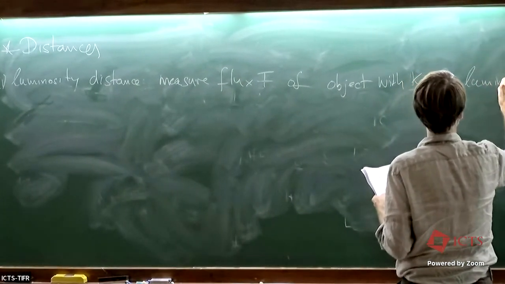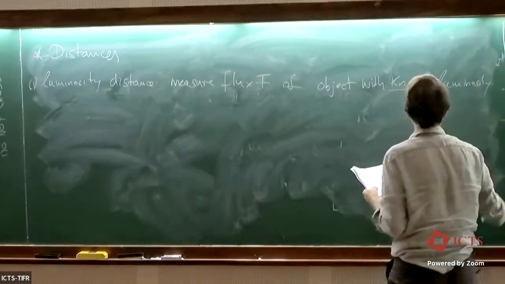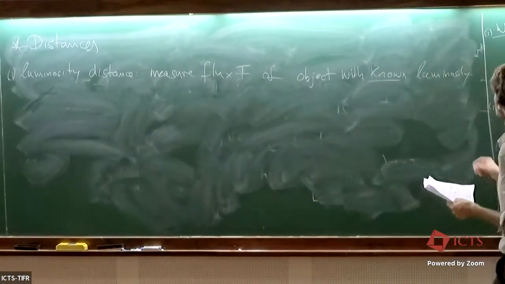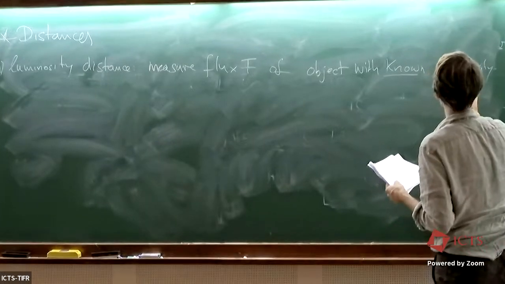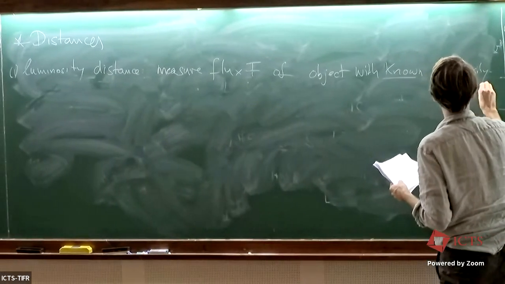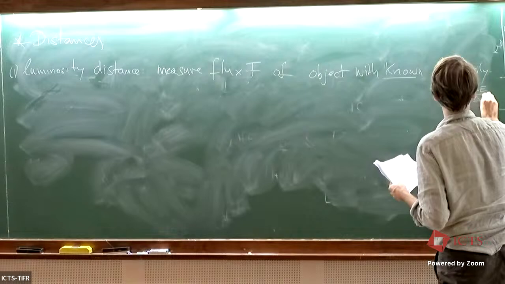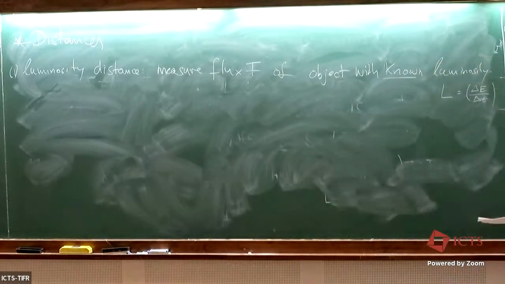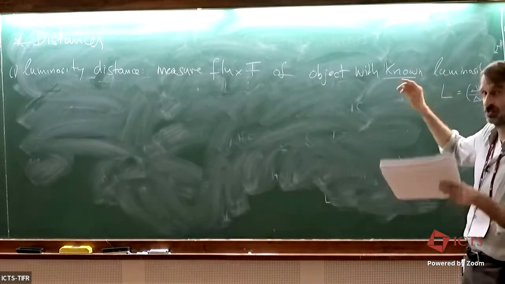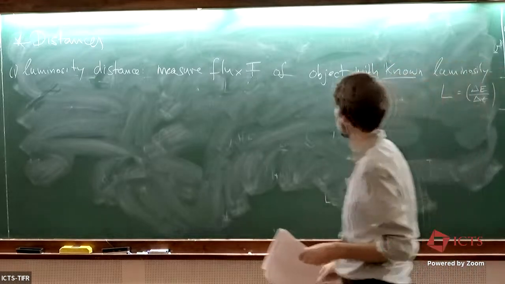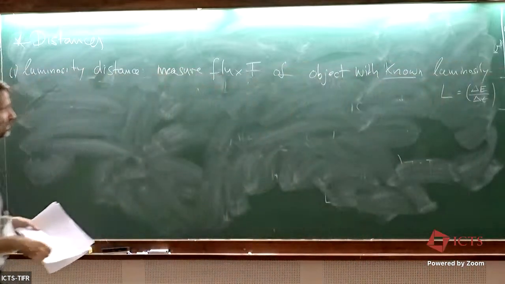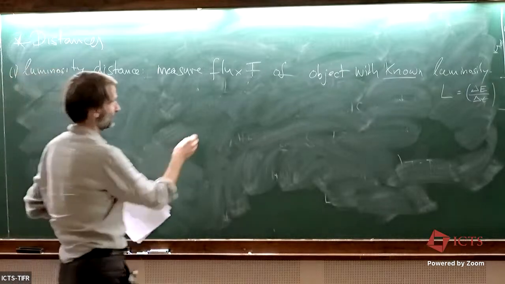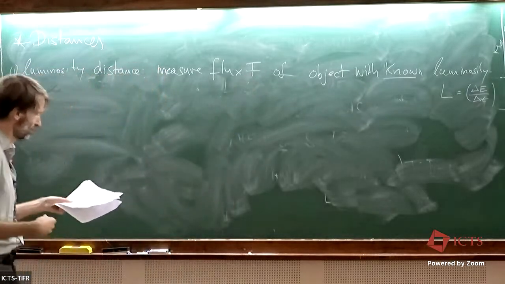So luminosity is the energy this source or object emits per time, L. So this is an energy per time it emits. If we have such an object somewhere in the universe and we can observe it, then what we measure is a flux that arrives at our position.